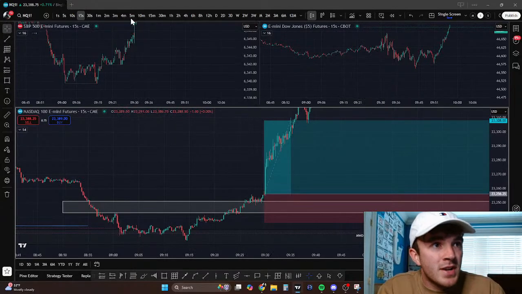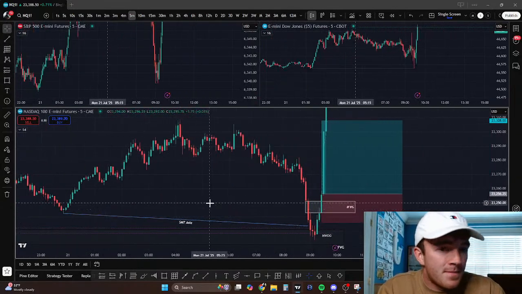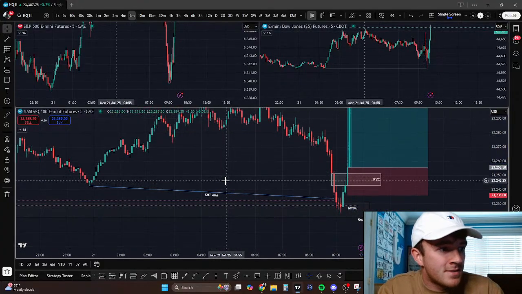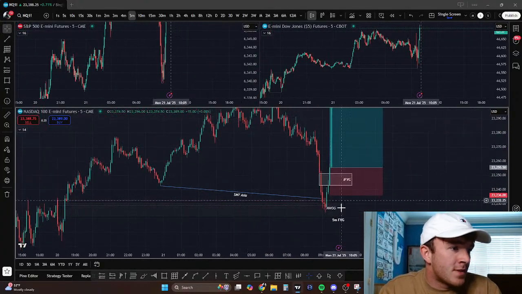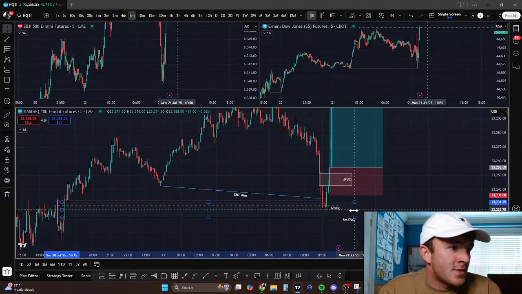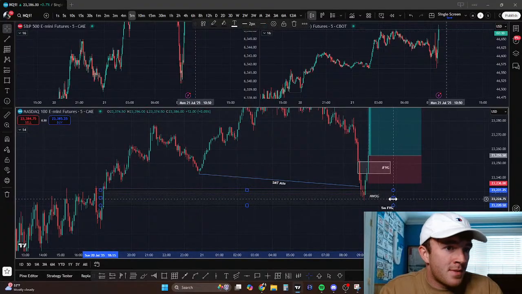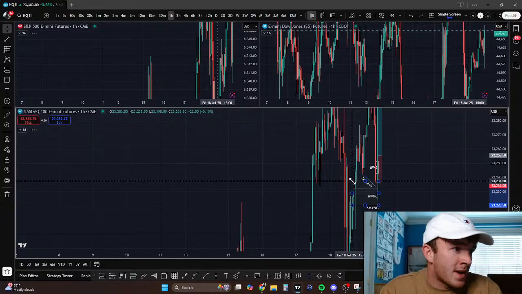Nah, I didn't take a trade, but I kind of liked this, to be honest. Delivering from new week opening gap, 5-minute inversion. Delivering from, actually, this is a 1-hour gap. Right, this is a 1-hour gap.